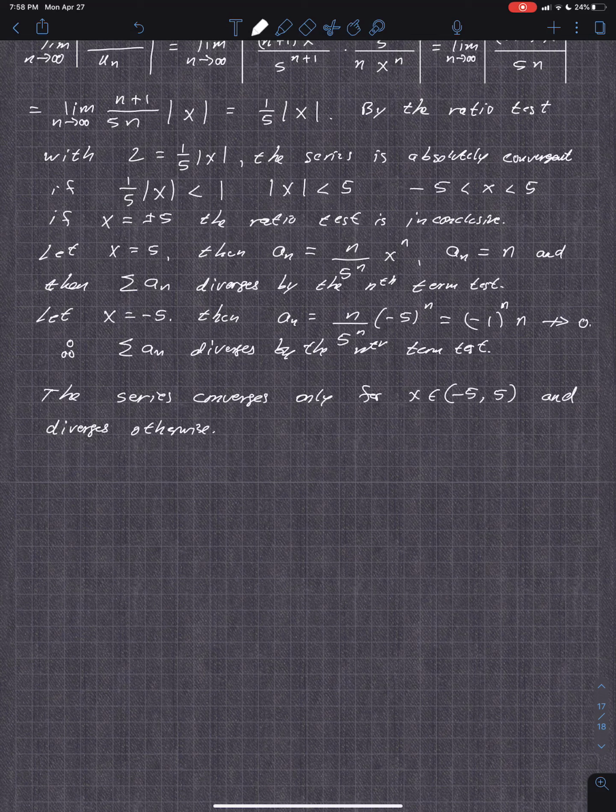Negative 5 to 5 is called the interval of convergence. So it's called the interval of convergence.